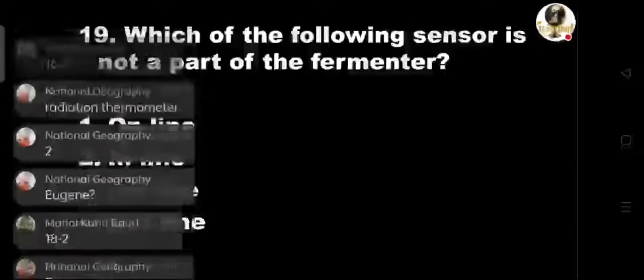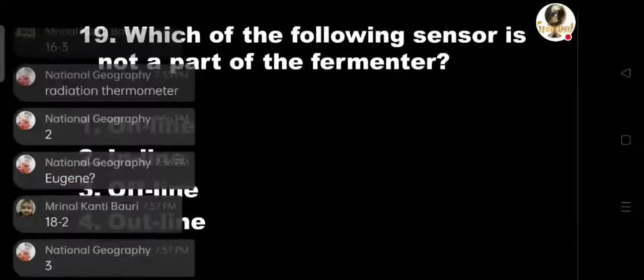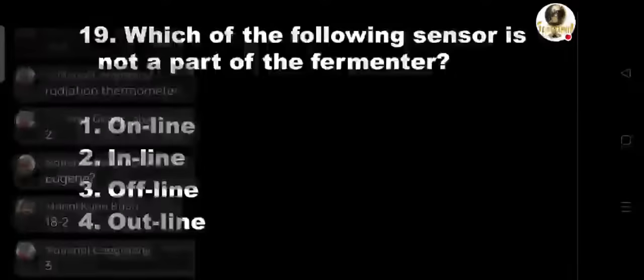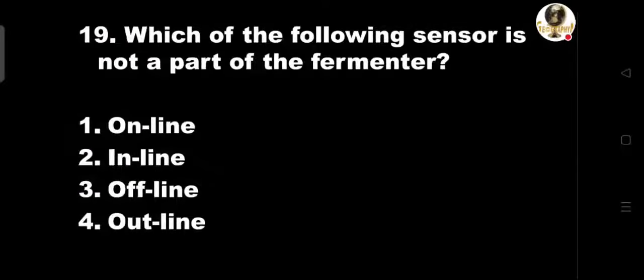Which of the following sensors is not a part of the fermenter? The options are online, inline, offline and outline. Now I explain.